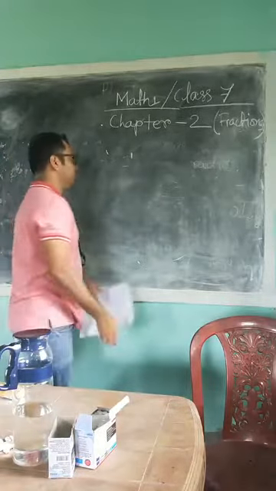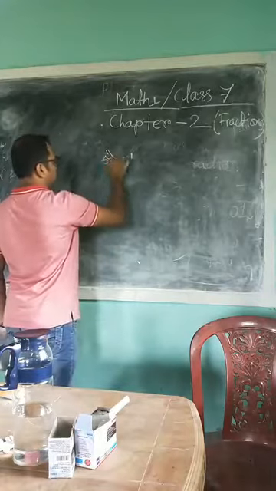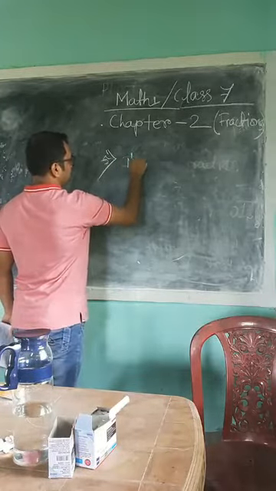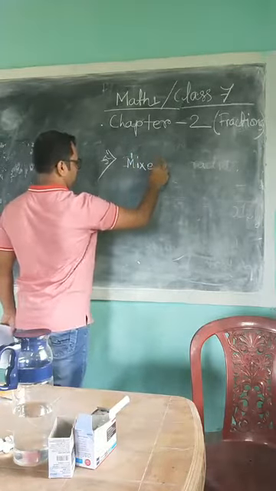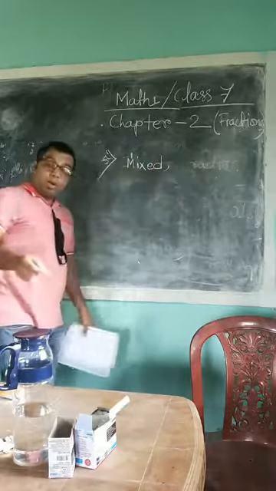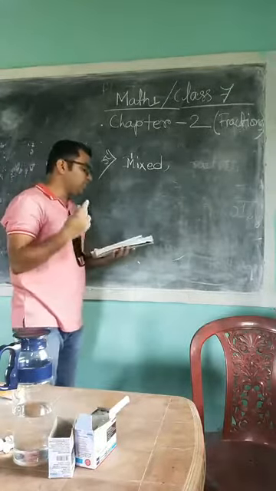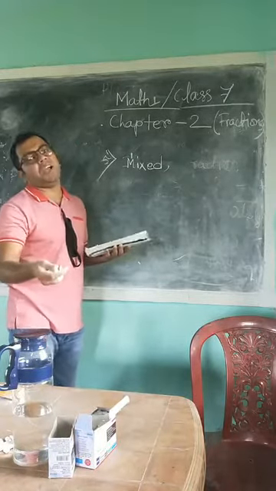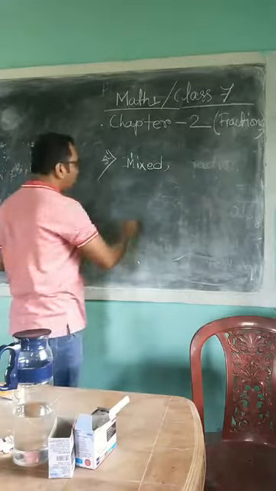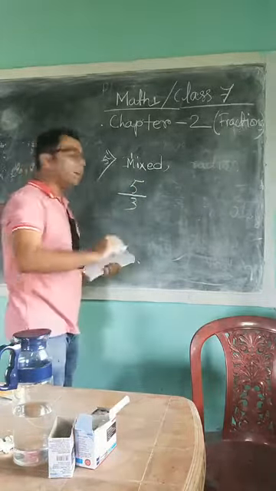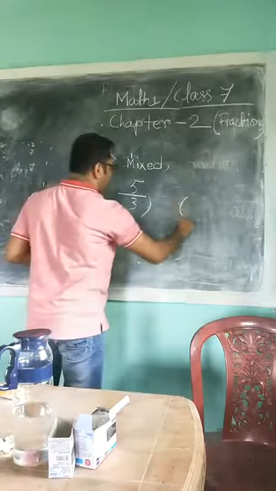Mixed fraction. So mixed fraction is another form of an improper fraction. How? If I write 5 by 3, then I can turn it into mixed fraction. How?